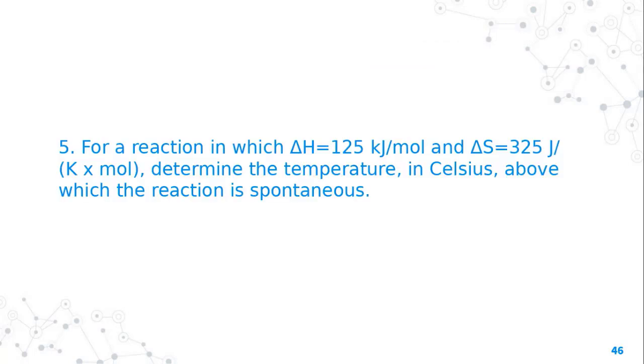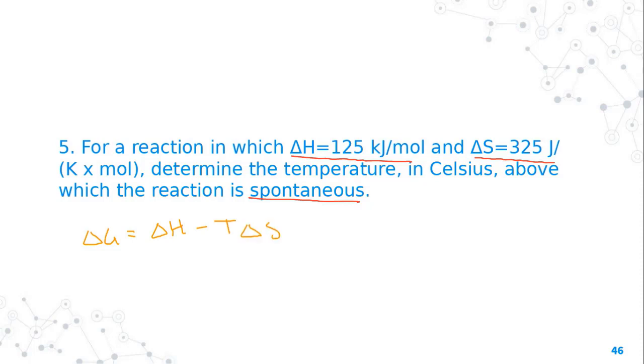All right, so for a reaction, delta H, we have a value, delta S, we have this value. You want to find the temperature in Celsius above which the reaction is spontaneous. So that means we're going to convert things around. Delta G equals delta H minus T delta S. All right, cool.